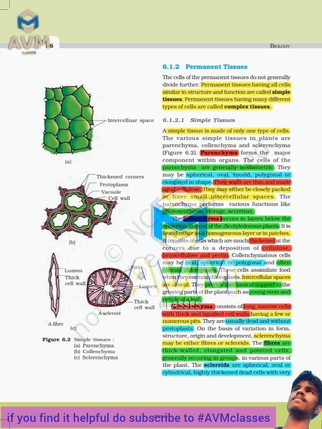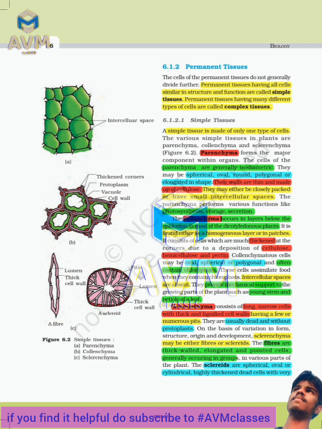The collenchyma occurs in layers below the epidermis in dicotyledonous plants. It is found either as a homogeneous layer or in patches. It consists of cells which are much thickened at the corners due to a deposition of cellulose, hemicellulose and pectin.